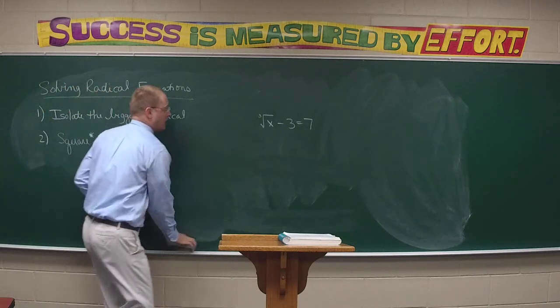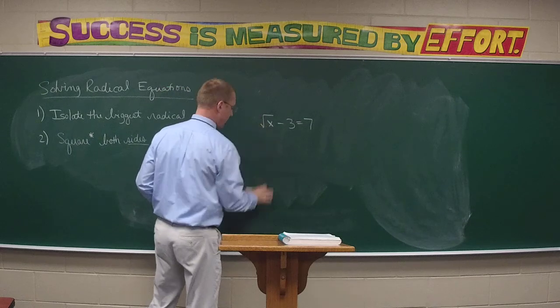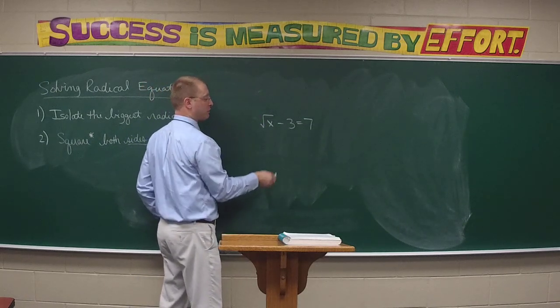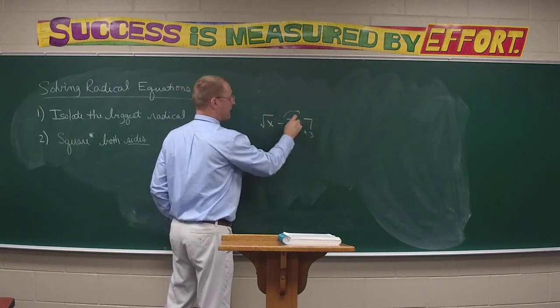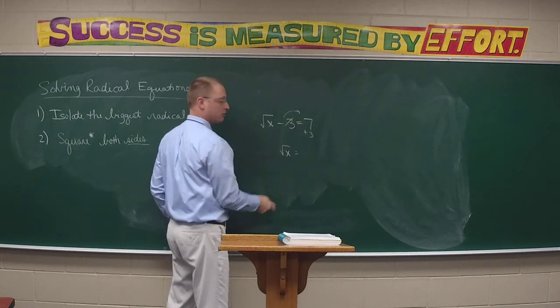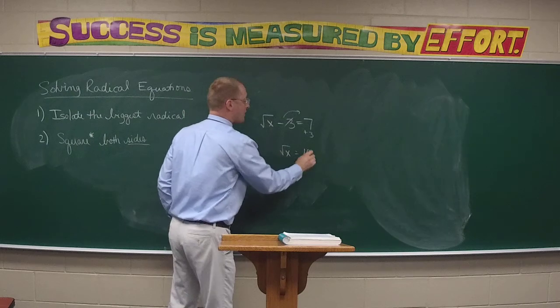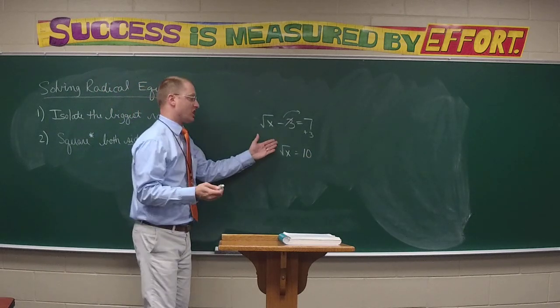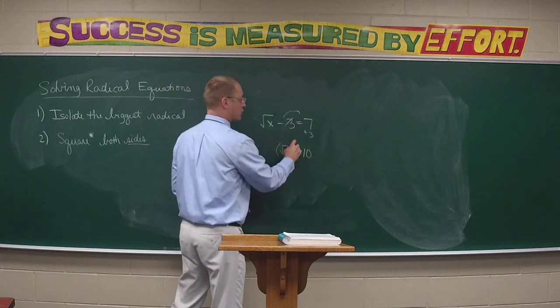So here, to isolate the radical, all I'd have to do is move the 3 over as a positive 3, to get the square root of x is equal to 10. And remember, we always do the opposite in math. Since it's a square root, the opposite is to square.